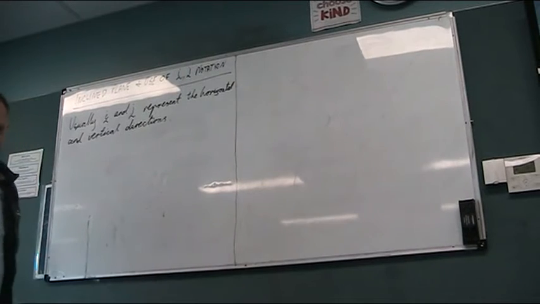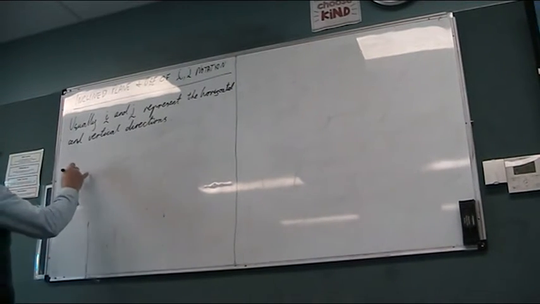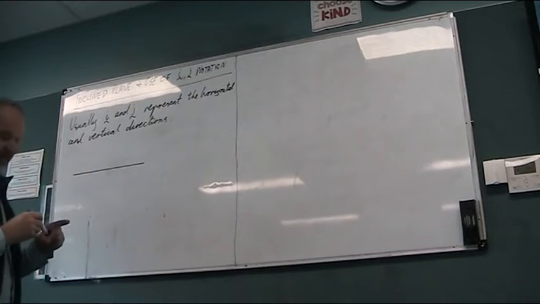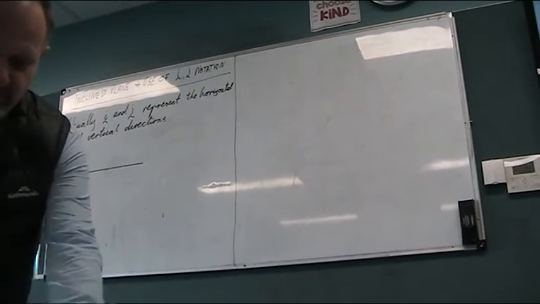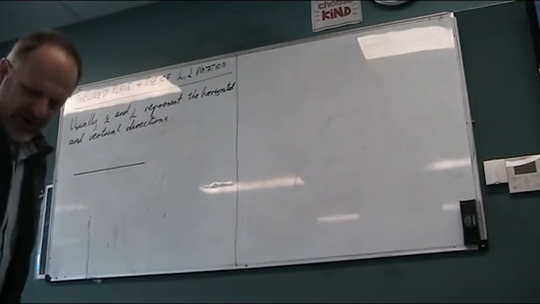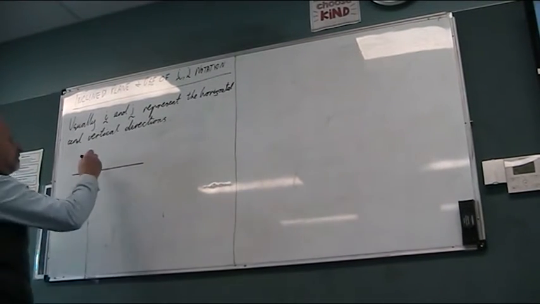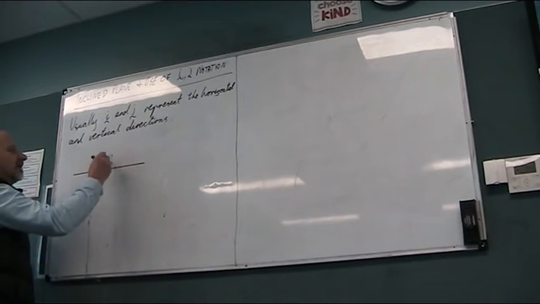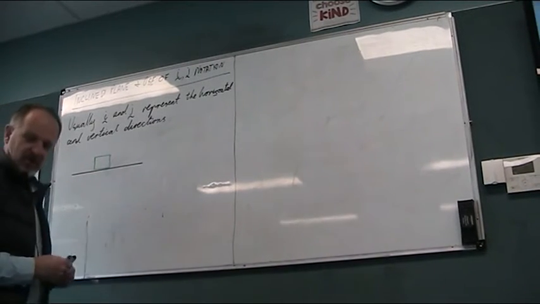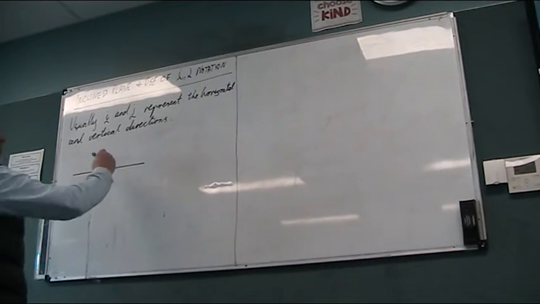Alright, however, when we've got something like this, where we've just got a horizontal, like the ground, we've got our box or our object sitting on the ground, we might then have some force acting on it.